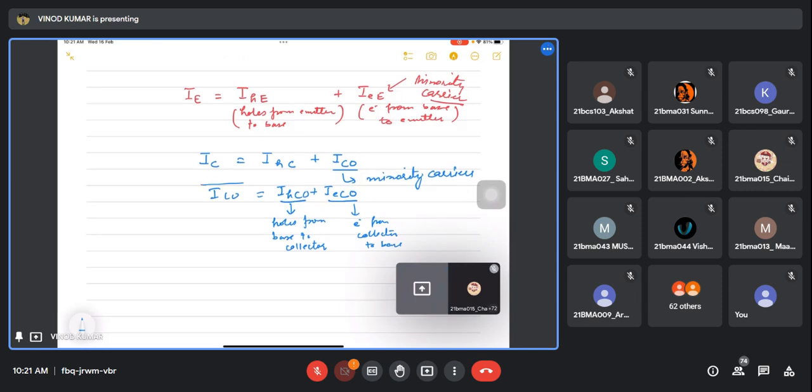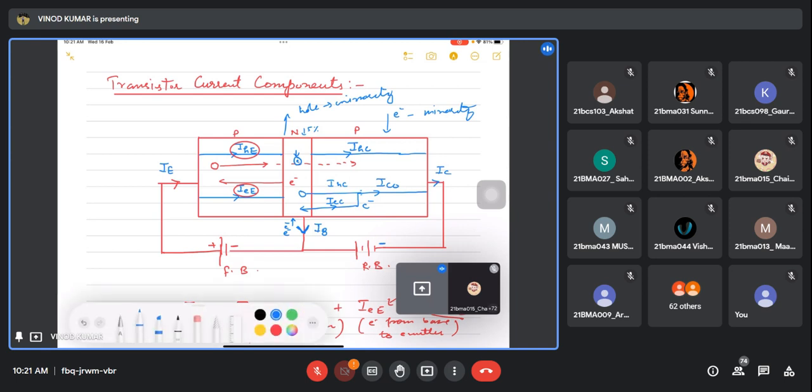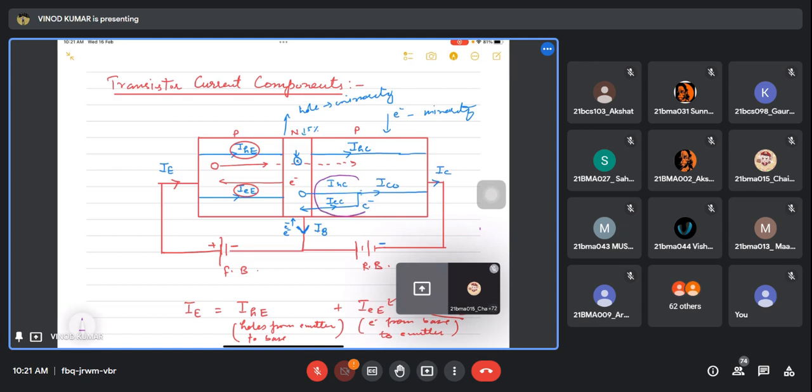Electrons here are minority and holes here are minority. So this hole is a minority moving from base to collector, so the current is opposite to that.